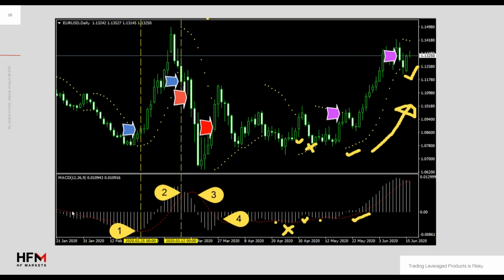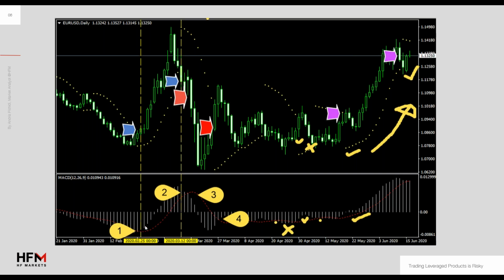The same stands for MACD. MACD was extending lower. But at some point over here, we have spotted that the lines of MACD cross over the signal line. The signal line is the red line. So over here, we have spotted that the histogram lines went above the signal line.